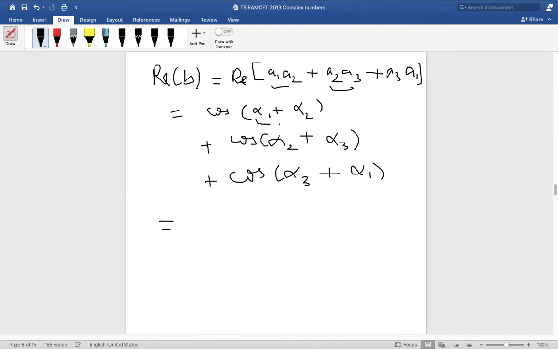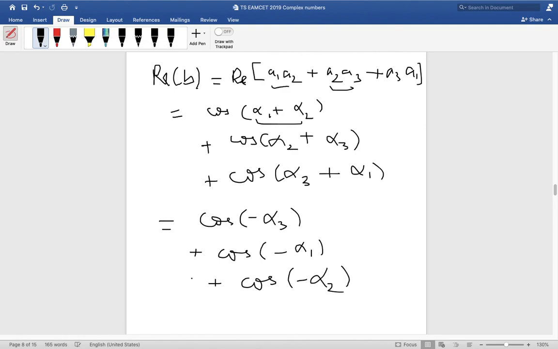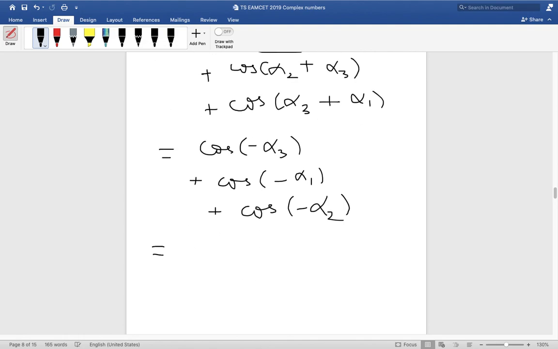So I will write alpha 1 plus alpha 2 as minus alpha 3, alpha 2 plus alpha 3 as minus alpha 1, and alpha 3 plus alpha 1 as minus alpha 2. Now we know that cosine of the negative of an angle is just cosine of that angle itself. So cos alpha 3 plus cos alpha 1 plus cos alpha 2. So it is cos alpha 1 plus cos alpha 2 plus cos alpha 3.